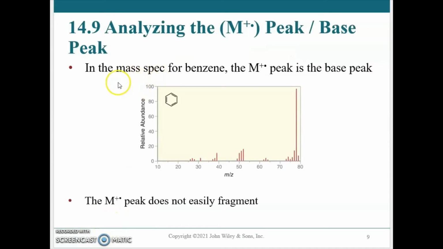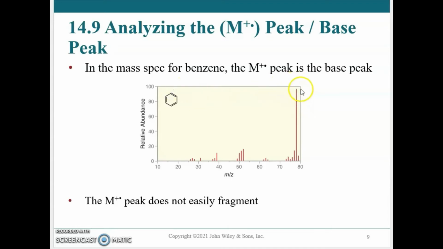So when we started, we talked about the molecular ion. If the radical cation formed from electron ionization is stable, then the molecular ion will have the mass of the parent compound. And in the case of benzene, we also see that the molecular ion is the largest peak in the spectrum.